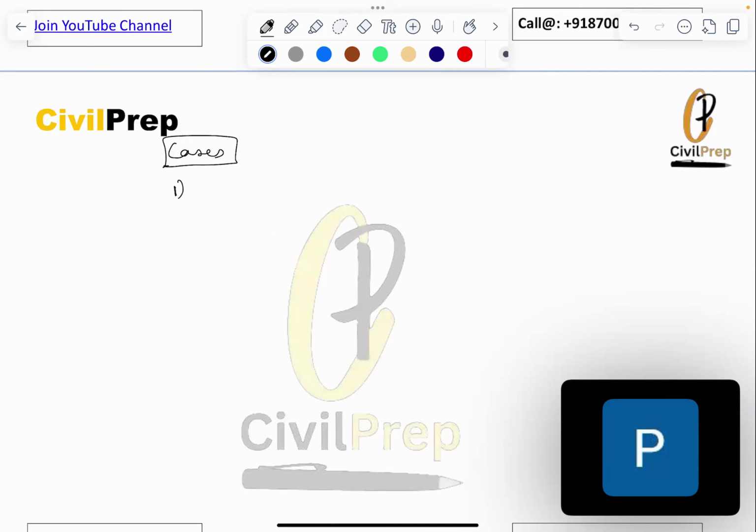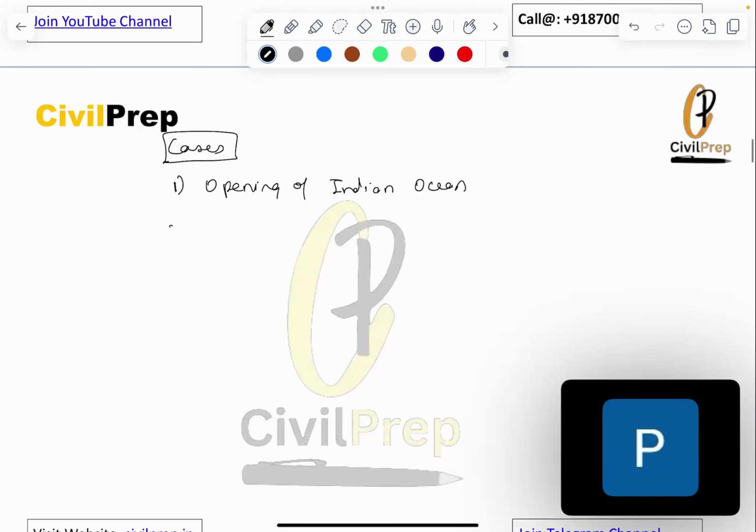For example, the opening of the Indian Ocean. Number two, the opening of the Atlantic Ocean.